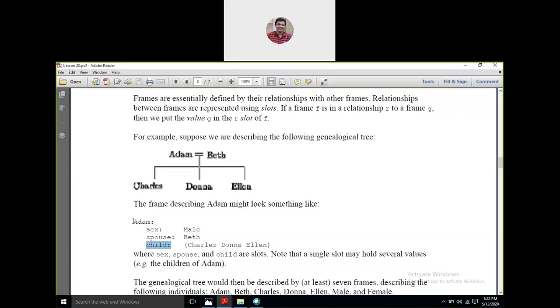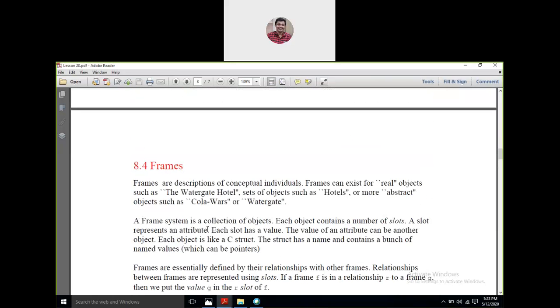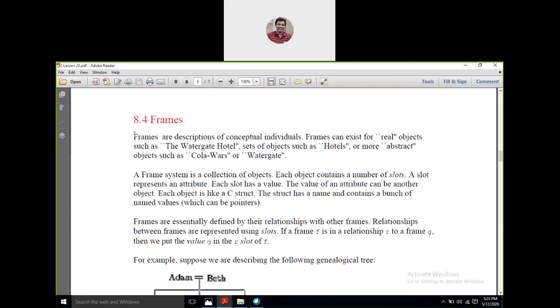That means if I am creating a frame for Adam, acha, what kind of frame can Adam be out here? Any one of you? What kind of frame will be created if I am creating it for Adam? You can go through this line for your answer. What kind of a frame will it be?